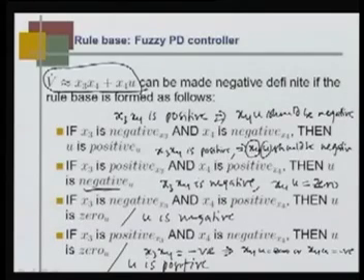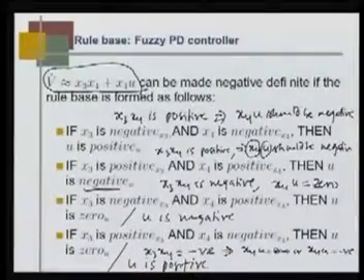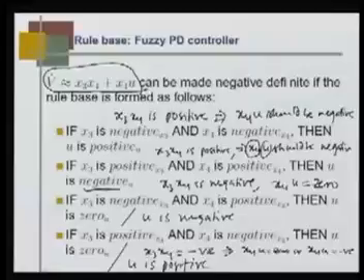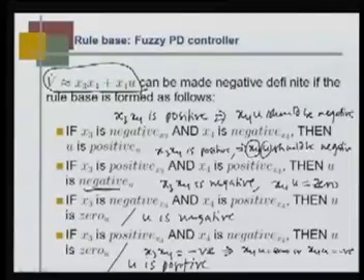And using this expression, we computed a set of rule base such that V dot can be negative definite. What we have not found out until now are the parameters associated with negative.